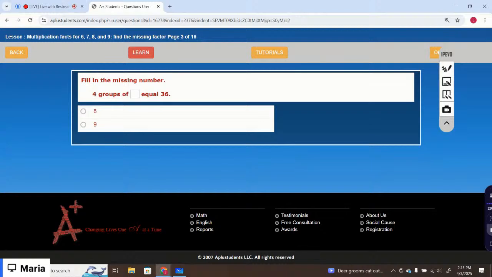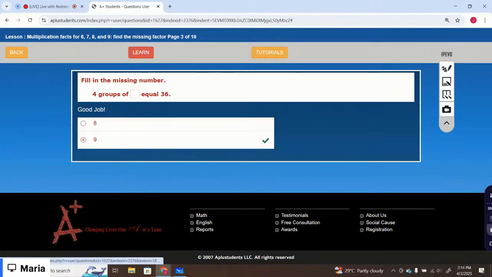Given the missing number, 4 groups of the missing number equals 36. So 4 times what number is 36? 4 times 9 is 36. The correct option is 9.